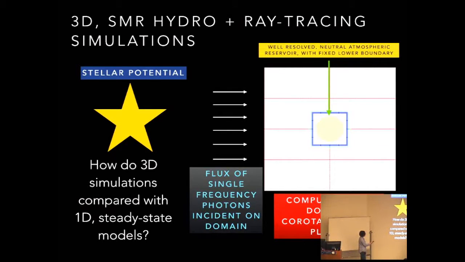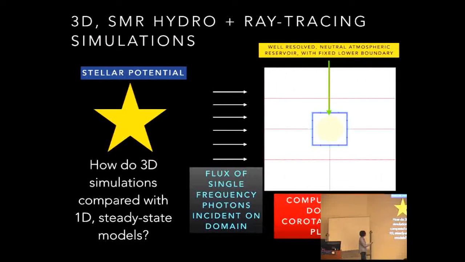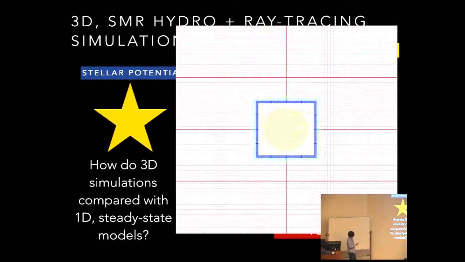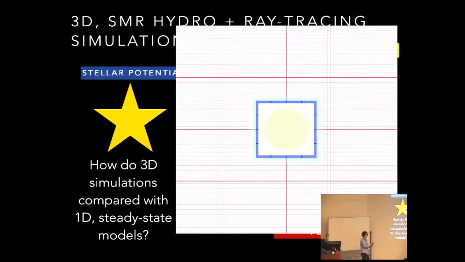And then we have a fixed inner boundary condition here so we don't have to resolve all the way to the interior of the planet. And this entire box is assumed to be co-rotating with the planet, and so the star is always going to be on the left side of the box. Now, as you can see, there's all these little squares here, and those are the actual bits of the mesh that we're using to solve the hydrodynamic equations. And what you can see is as you go from these red squares all the way down to the yellow, each of these individual squares gets smaller and smaller.